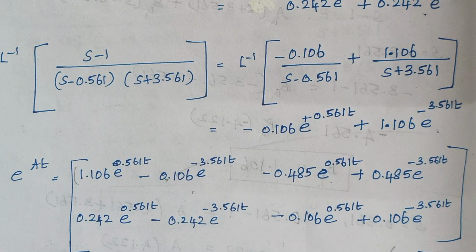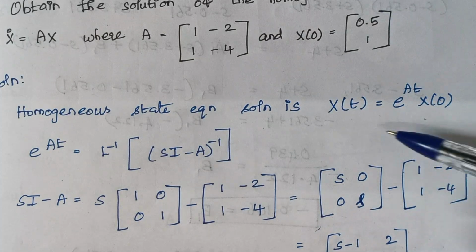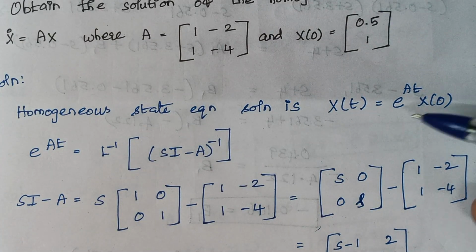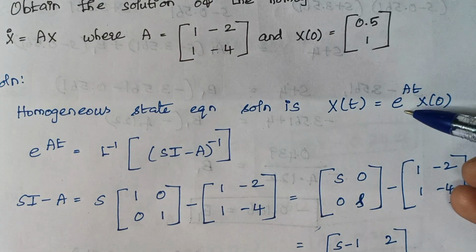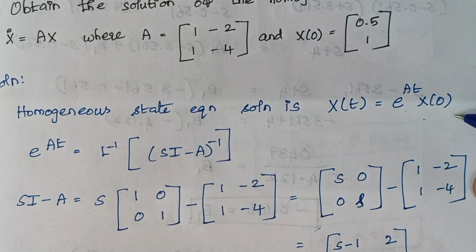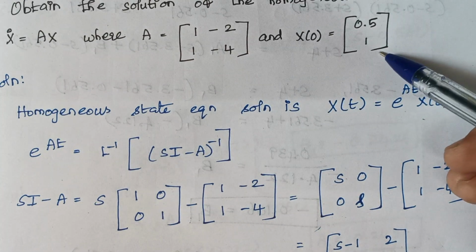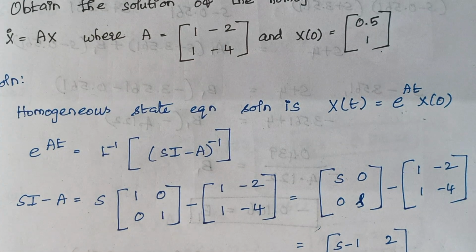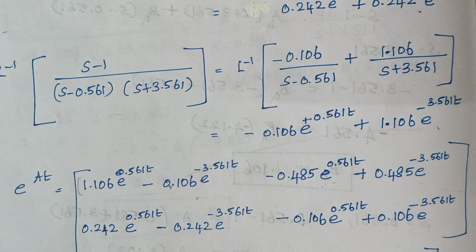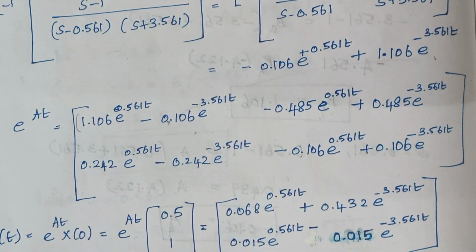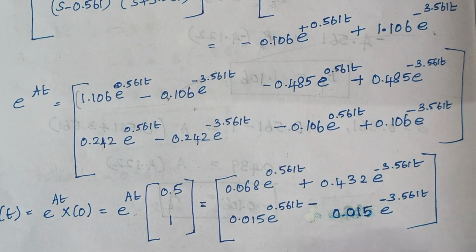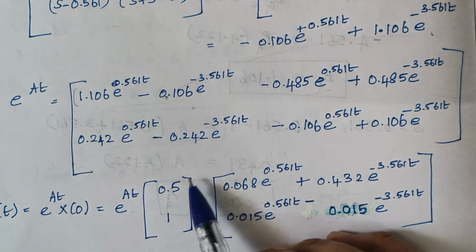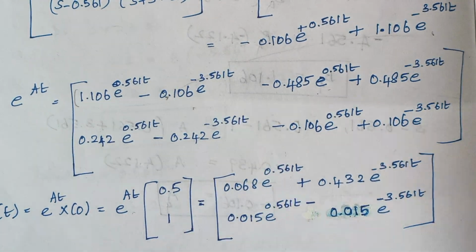So what we want actually, this is the thing we want, right? So x of t is equal to e to the power At into x of 0. Here x of 0 is given in the problem and just now we had calculated the value of e to the power At, right? So when you proceed, here just substitute the values, that is e to the power At gets multiplied with x of 0.